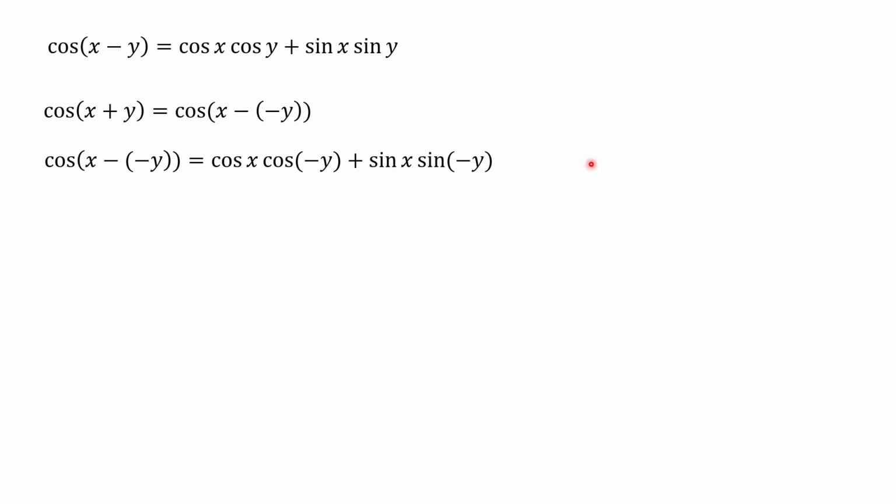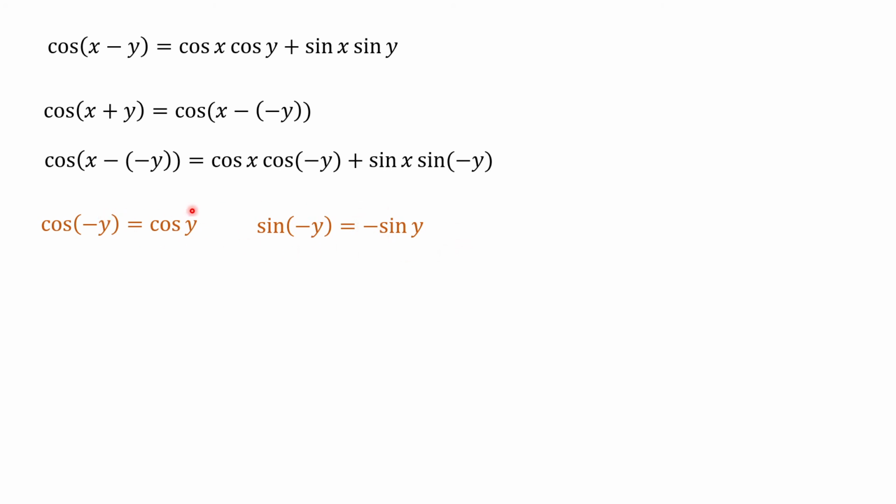The next thing we need to remember is that cosine is an even function. So we have to deal with cosine of minus y and sine of minus y. Cosine is an even function, which means that it doesn't care whether it's minus or not. It ignores it. Sine, on the other hand, is an odd function, right? And what it means is that the minus comes out outside of the sine, okay?